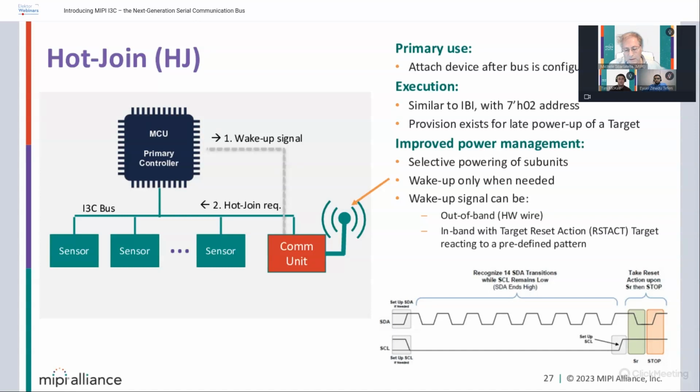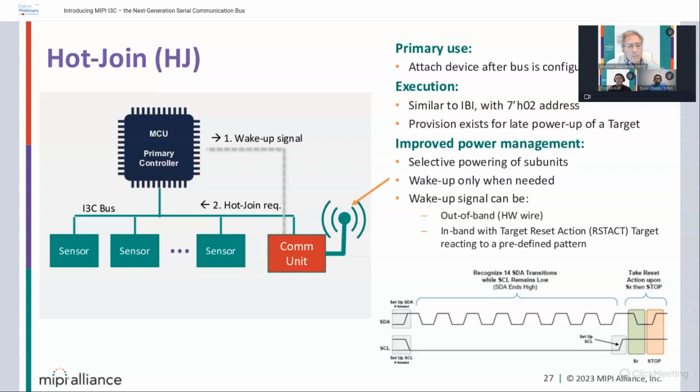And finally, I have the last example I would like to bring. Let's say you have a device that you don't need to be awake all the time, or that can physically join the bus at a later time after the reset. This can be, for example, a wireless communication unit that you keep powered off, or some other device.